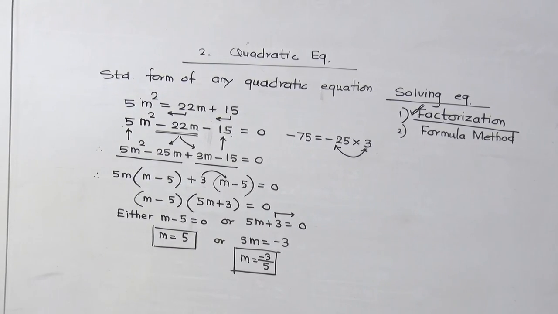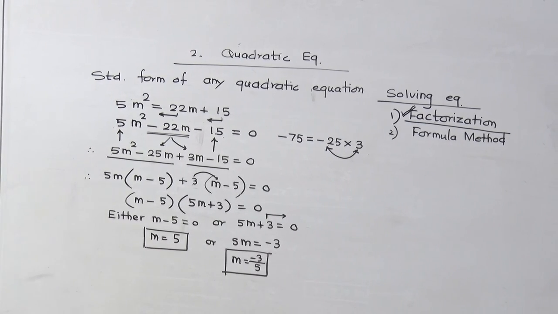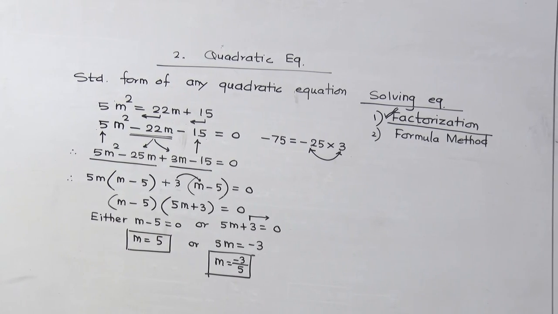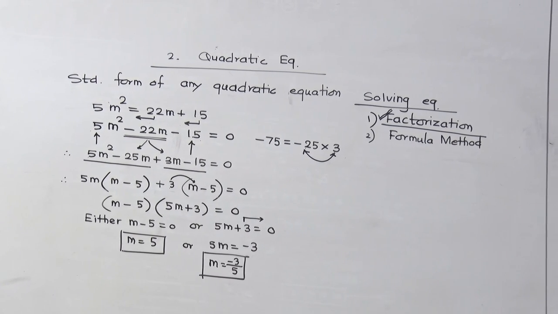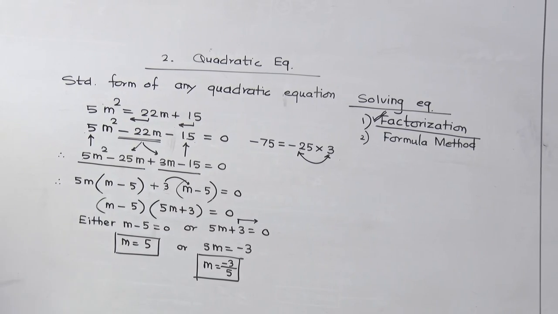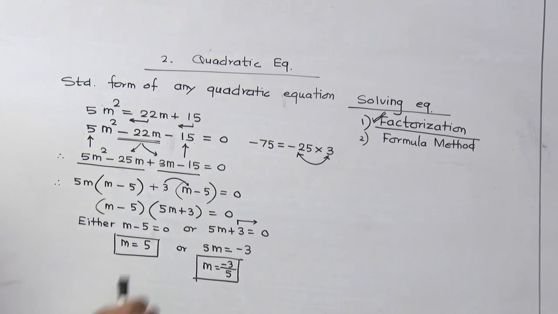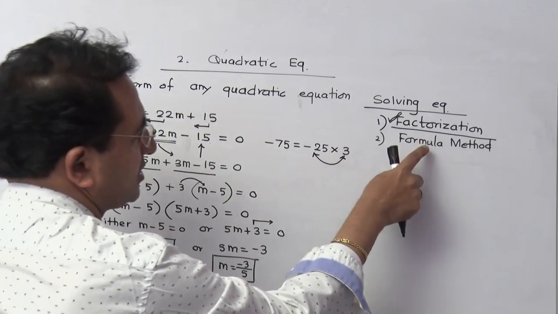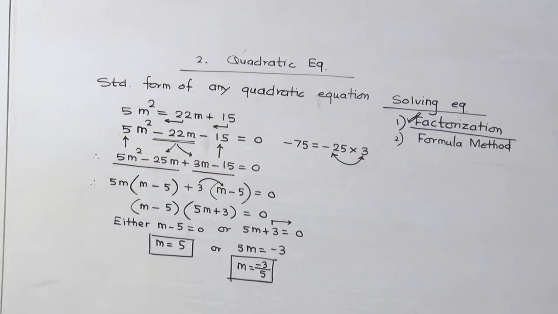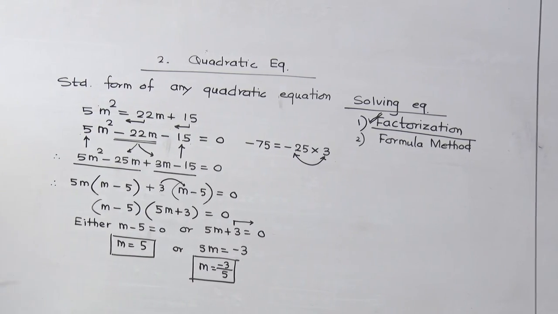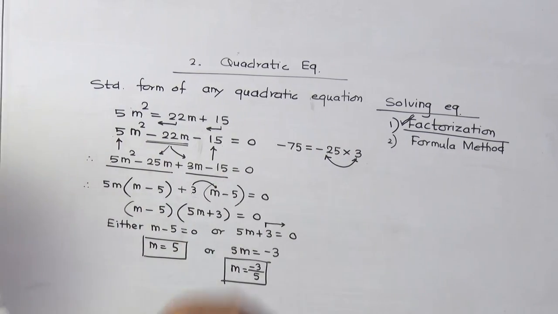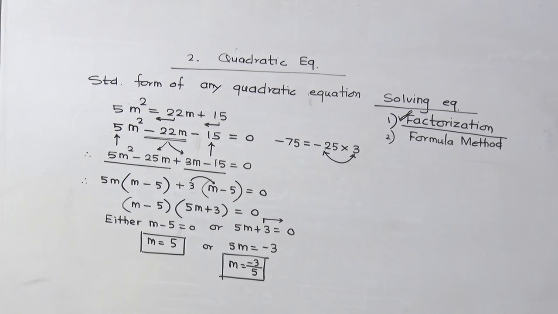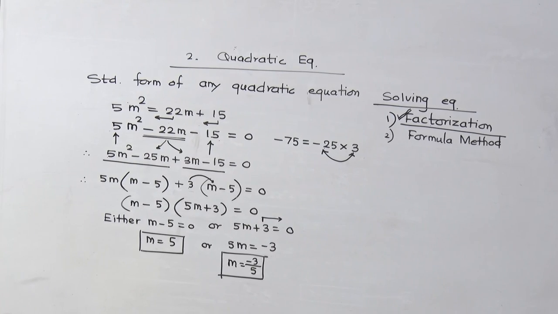One question for 2 marks is always asked on the factorization method, as the content of this topic is limited and the probability of the questions is more. There will definitely be one question on factorization. They will also always ask one question on the formula method. The formula method question is asked for 3 marks. Factorization questions are for 2 marks each. Correct? Let us go for the next sum now.